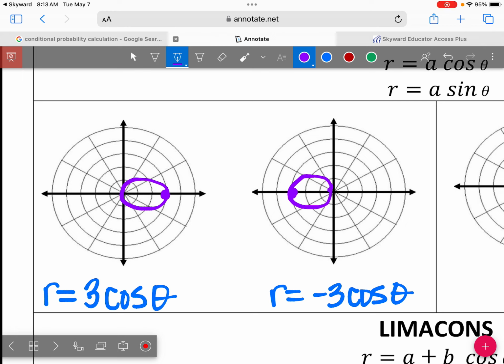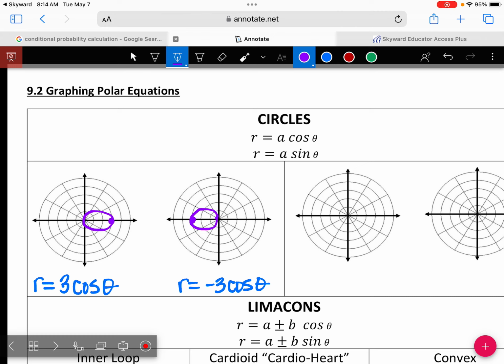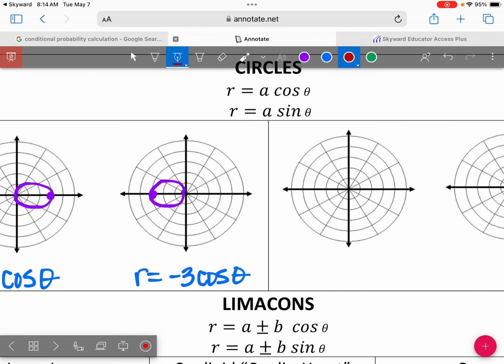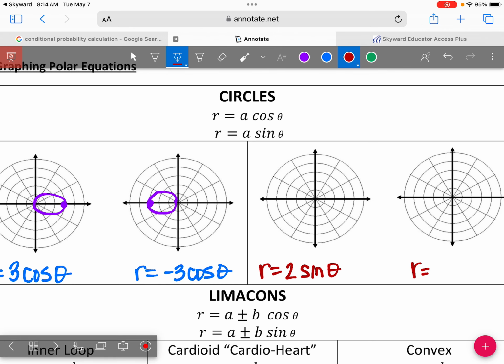All right, and then if it doesn't swing left or right, it can swing up or down, which is going to change it from a cosine to a sine, because we know from the unit circle that x is cosine and y is sine. So for an example, if we have r equals +2 sine theta and r equals -2 sine theta.